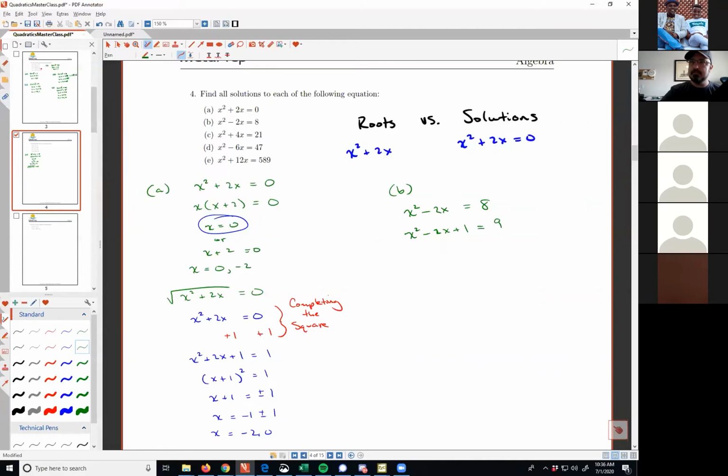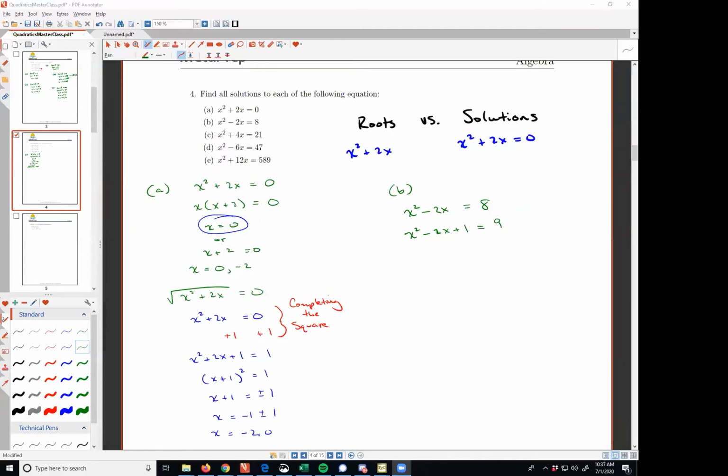We can factorize to simplify. x minus 1 squared. Okay, we can rewrite this as x minus 1 squared equals 9. And now we can take our square root.